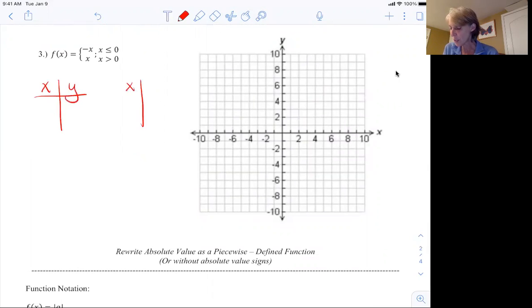I know some of you can picture this in your head, and that's okay if you can do it, but it doesn't hurt. Negative 1 and 0 for negative x, and x when x is greater than 0. When x is negative 1, negative x is 1. And the negative 0 is just 0.